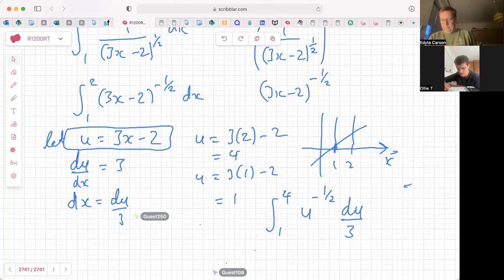Okay. So we just have to evaluate that now. That is a lot simpler than the original, believe it or not. How would that integrate? You add 1 to the power, so that would be 1/2.